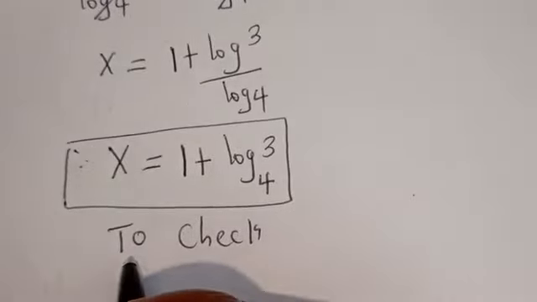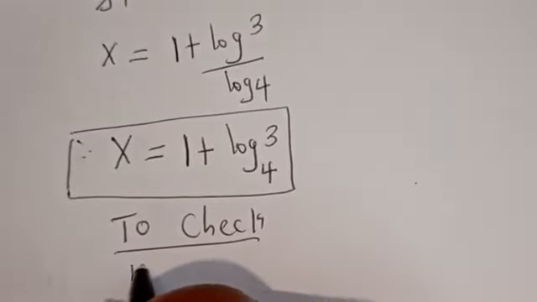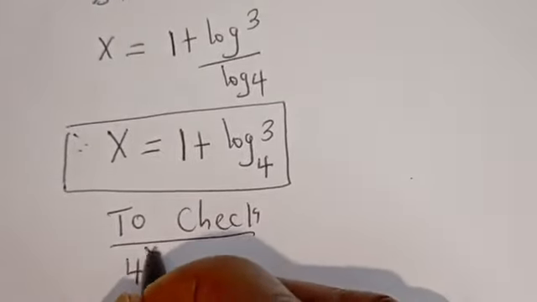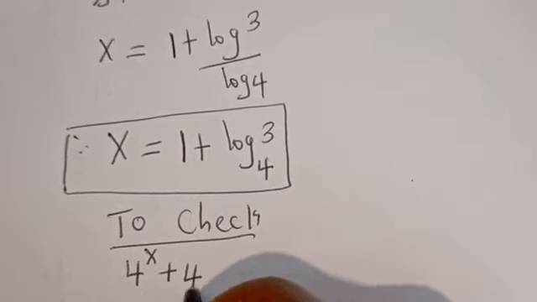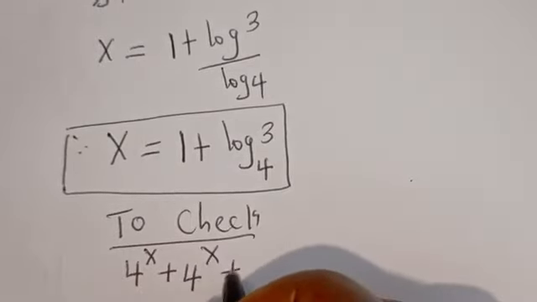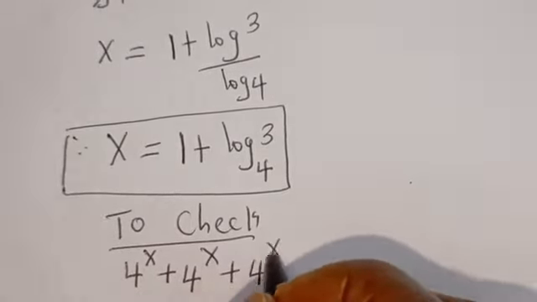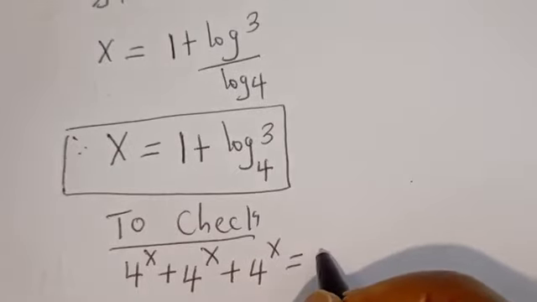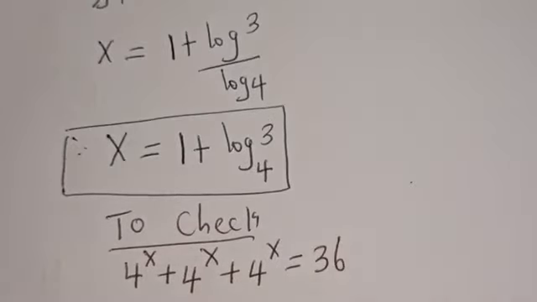To check, we have the given equation 4 to the power of s plus 4 to the power of s plus 4 to the power of s is equal to 36.